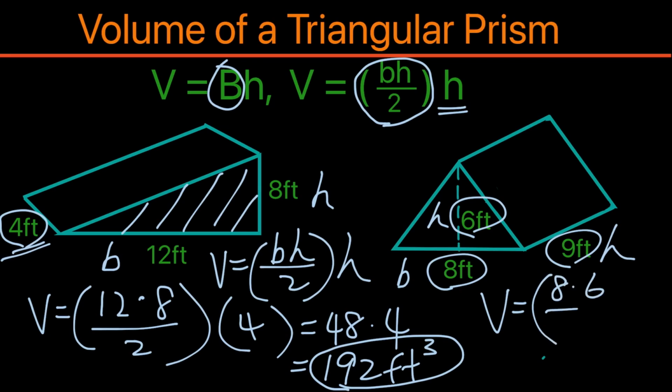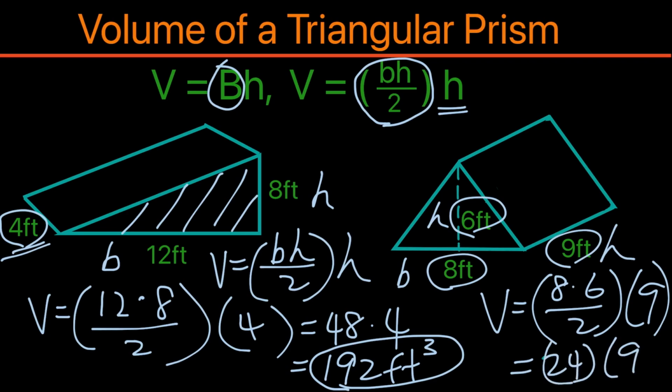Base is 8, height is 6, divided by 2, times 9. And 8 times 6 divided by 2 is 24. Times that by 9. And we have 216 cubic feet.